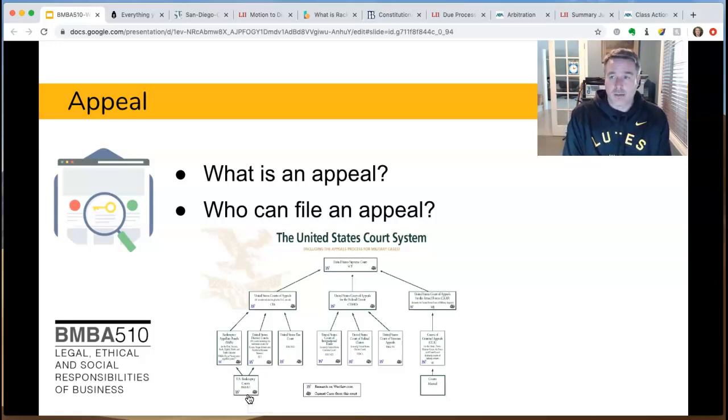The only case that can't be appealed is a criminal case where the defendant is acquitted. If the defendant is acquitted, the state can't appeal the acquittal. Now, if the defendant is convicted, then the defendant can appeal the conviction, but the prosecution cannot appeal an acquittal.